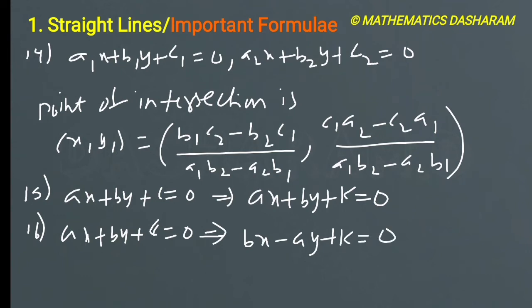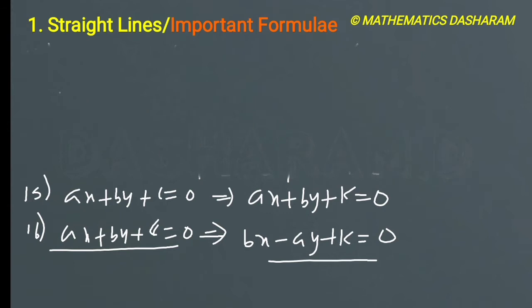Here see, coefficient b and coefficient of x are interchanged and the symbol also changed, plus became minus, and the constant value will be changed. So this is the formula to find the equation of a line perpendicular to the given line. And what is k here? k is a constant number.